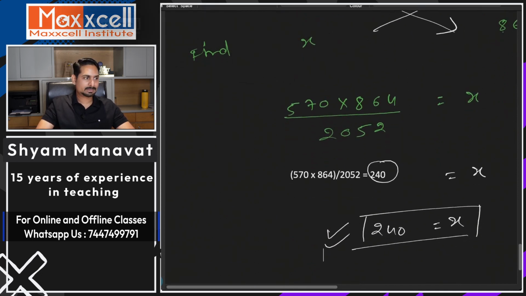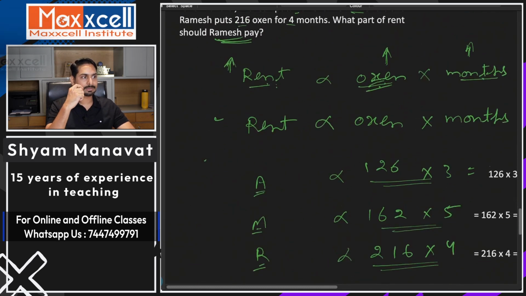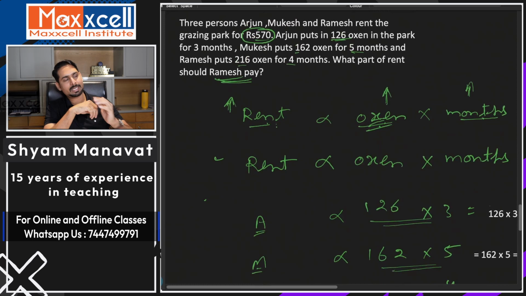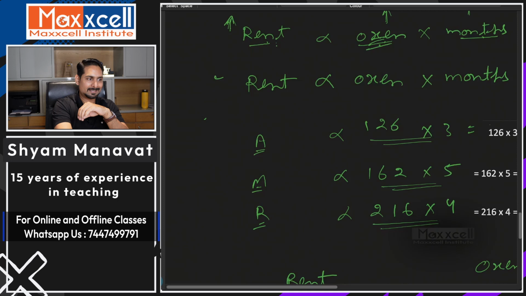Thank you. I hope you understood this. If you want, you can revise it. And in future, I will again try to solve this question with easier calculation. These are some bigger numbers, so we'll make the numbers easier. You can cancel this and find the ratio, and then use the product of oxen and months. I will tell you in coming classes.